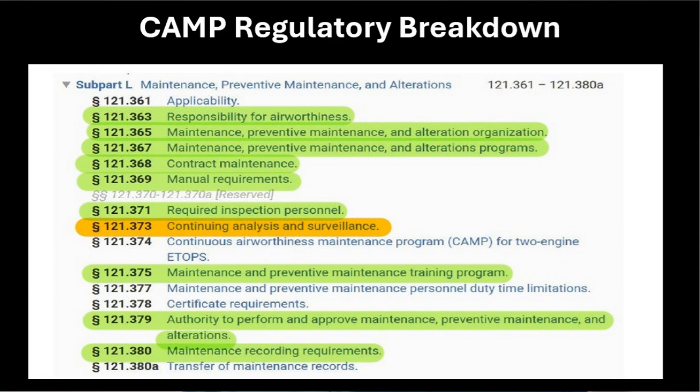In the introduction, I showed a group of regulations, Title 14 CFR, Part 121, Subpart L as in Lima. That was important because UPS is a Part 121 air carrier. Why was this important to point out? Well, the 10 elements of an operator's continuous airworthiness maintenance program, its CAMP, are supposed to be monitored and corrected by the 10th CAMP element, what we call the Continuing Analysis and Surveillance System, or the CAS. The CAS tracks safety problems with itself and the other 9 CAMP elements.